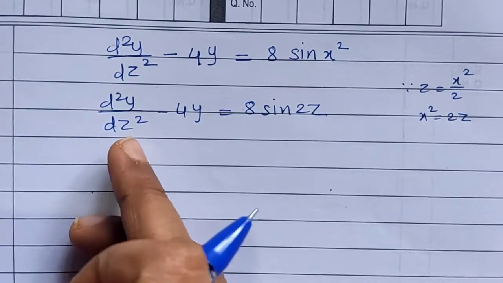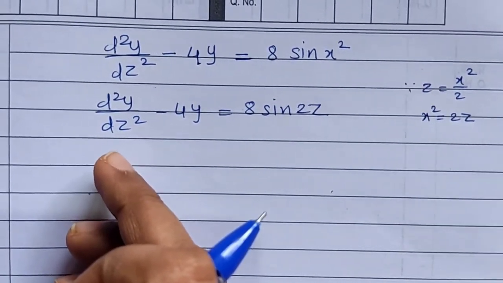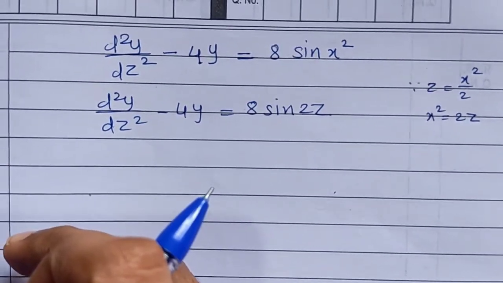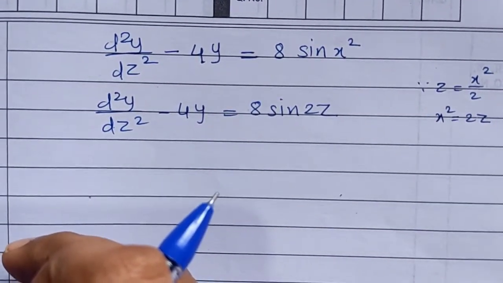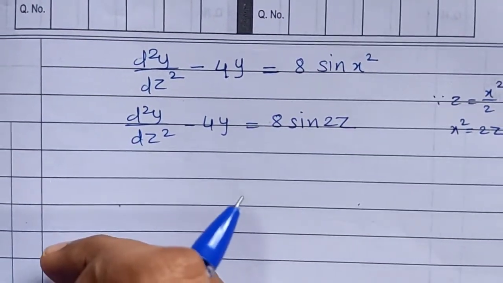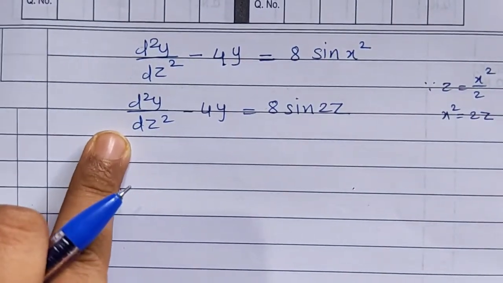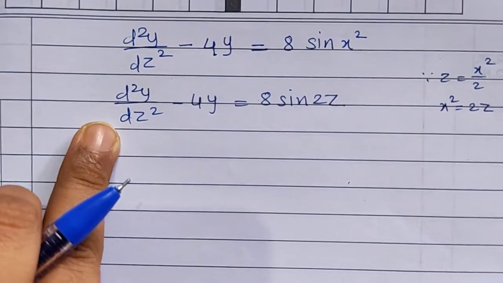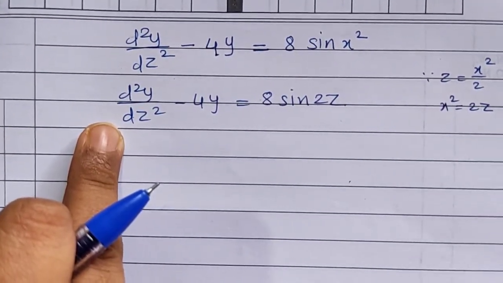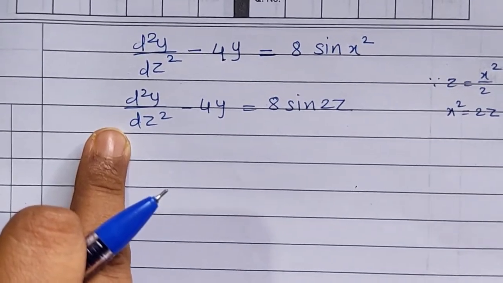Now this is a linear differential equation of second order with constant coefficients, and we know how to solve such kind of examples. The solution of this differential equation is CF plus PI. CF means complementary function and PI means particular integral.